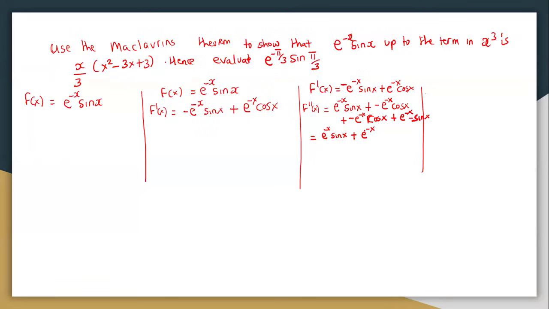Okay, there is a negative here on this sine x. Now I'm going to collect the cos x terms: negative e cos x minus e cos x.